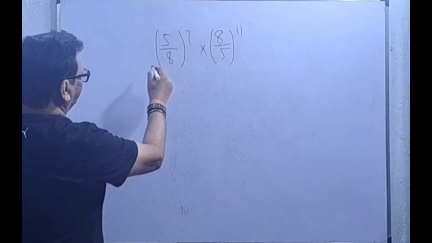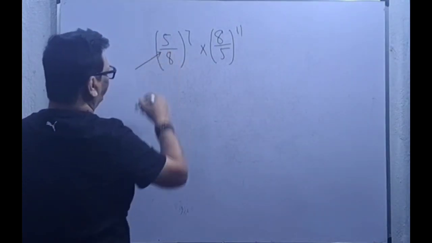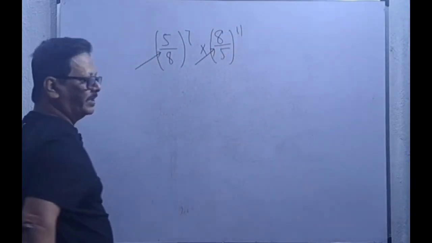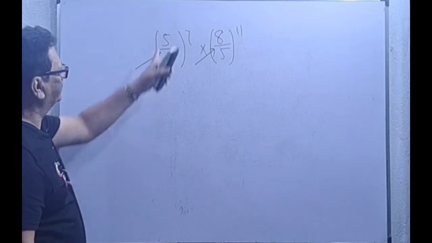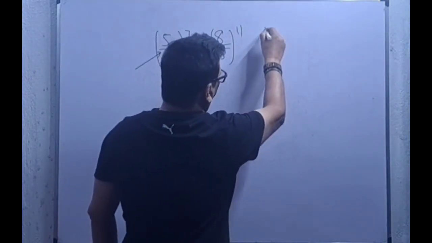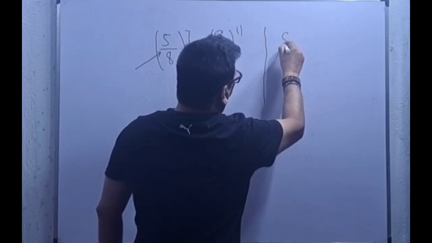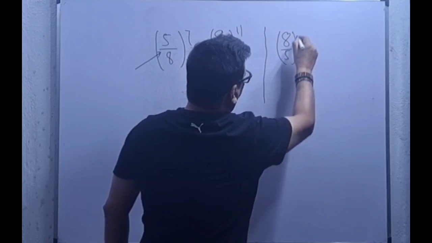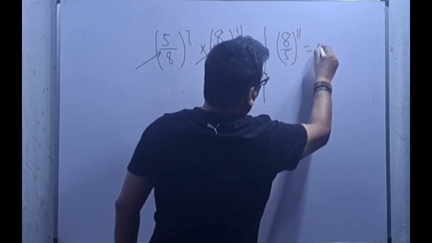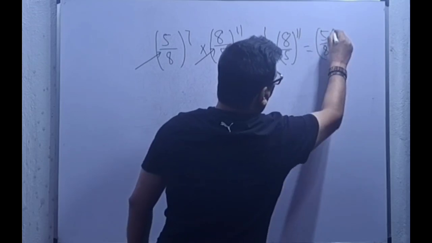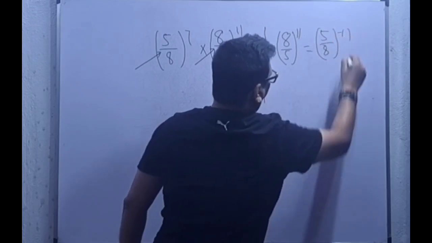So see, here the base is 5 by 8 and here the base is 8 by 5. 8 by 5 is reciprocal of 5 by 8. So 8 by 5, have a look. 8 by 5 to the power of 11 can be converted to 5 by 8 to the power of minus 11.